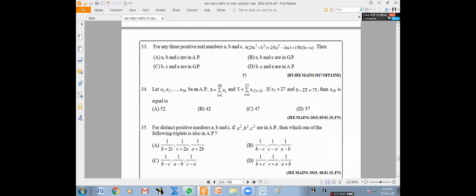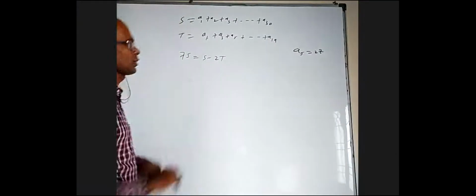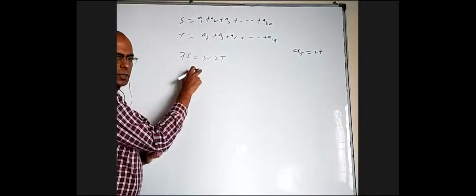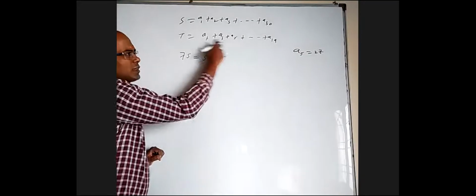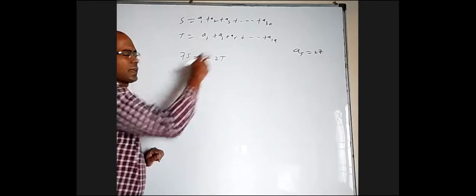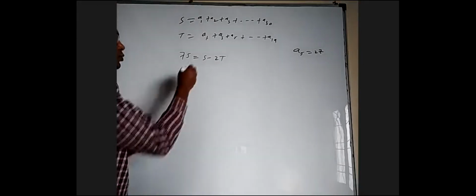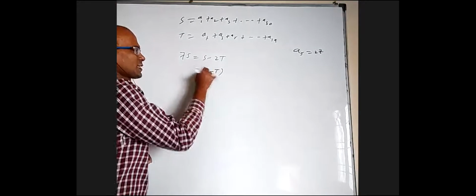T is equal to A1 plus A3 plus A5 so on up to A29. A5 is equal to 27 and 75 is S minus 2T. You can find S really by the sum of 30 terms formula, and T is also in another AP with a common difference 2D. You can even find this and then simplify it, but I want to show it another way. I want to write this as S minus T minus T.